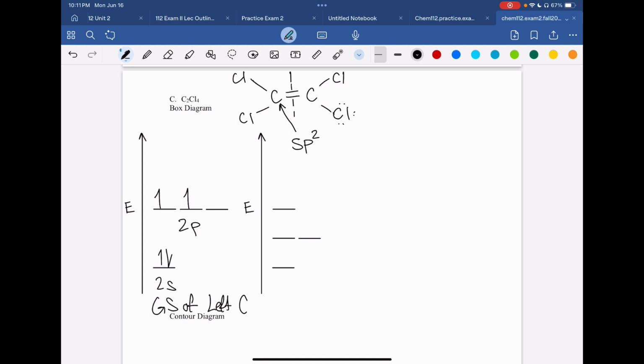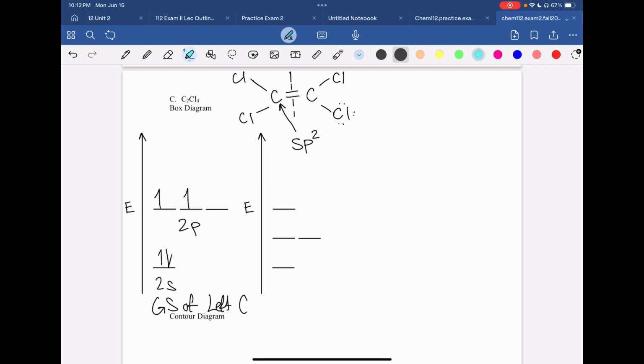Okay, so this is where I differ from what one instructor does. You need electrons to occupy one S box and two P boxes.